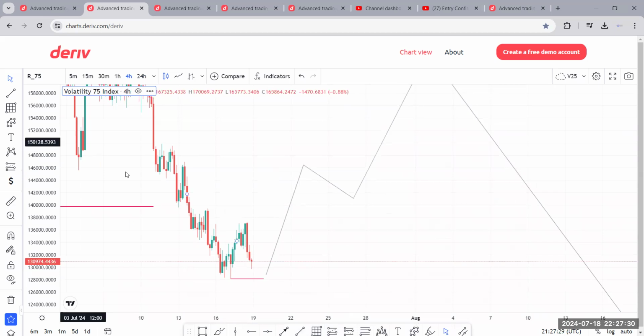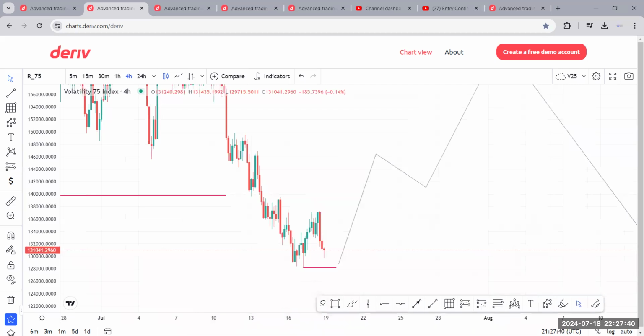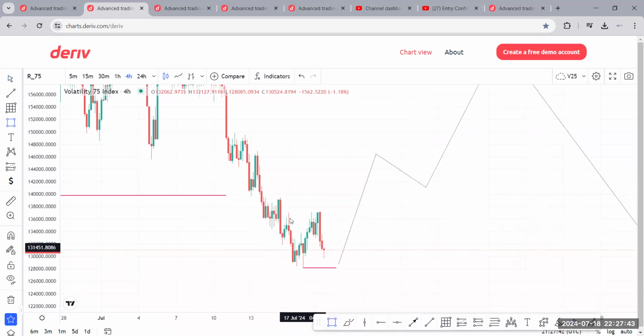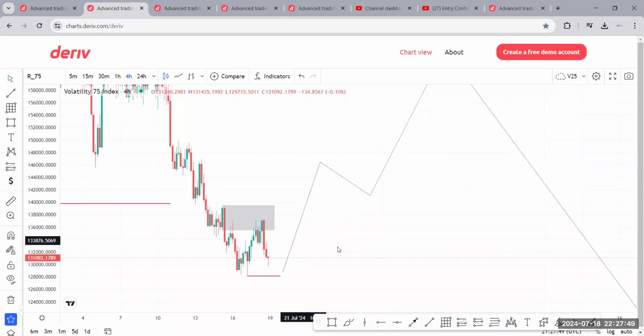And what else do we have? We have this as an order block. All right, so we traded into that, and market seemed to be moving to the downside.